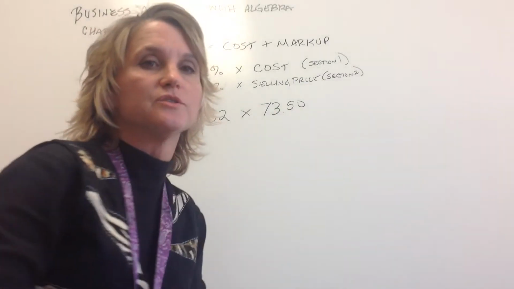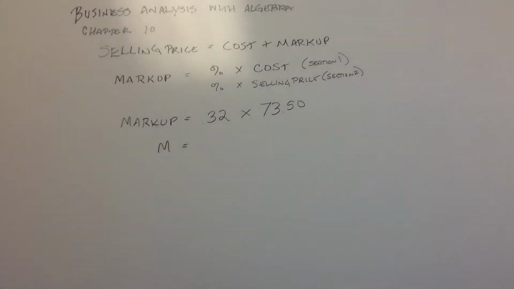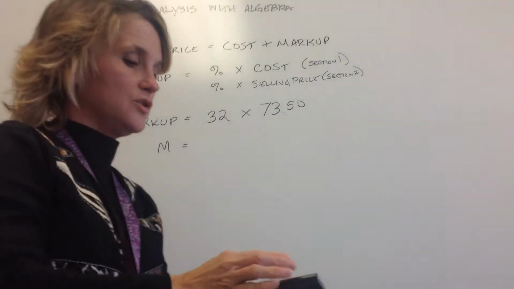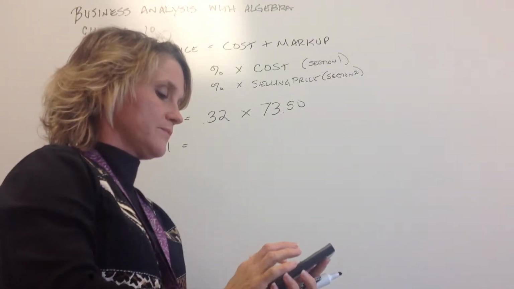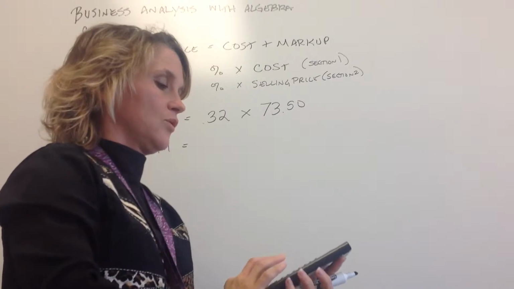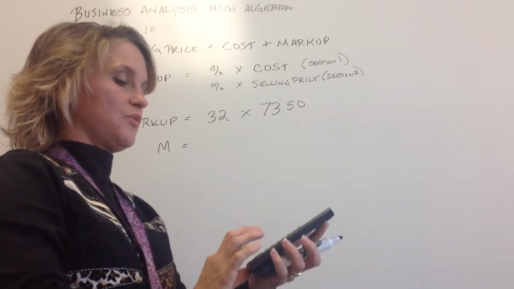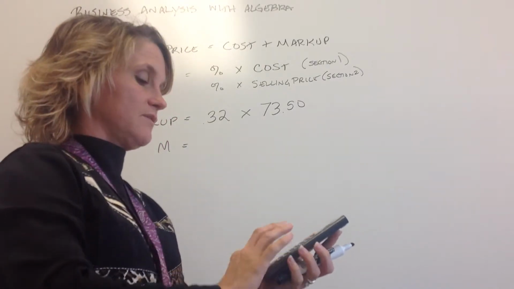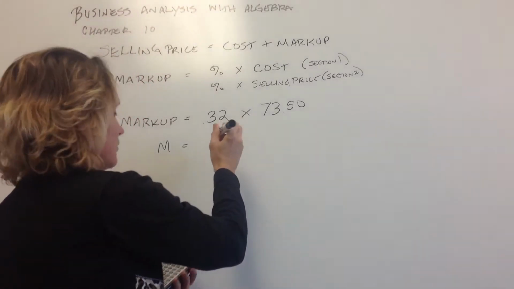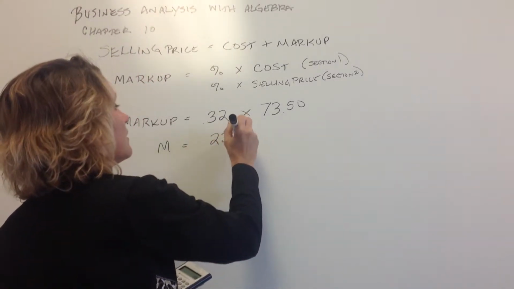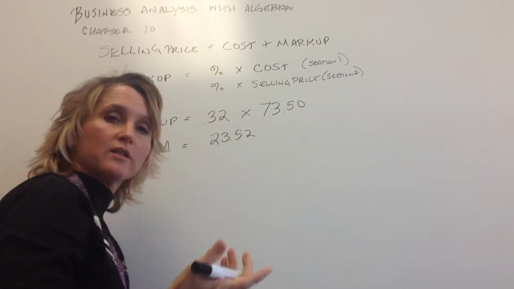So then I can just do the math of that. And you can use your percent key on your calculator or turn it into a decimal. So if I take 0.32 times 73.5, I get a markup of $23.52. So that was one of the questions it asked.